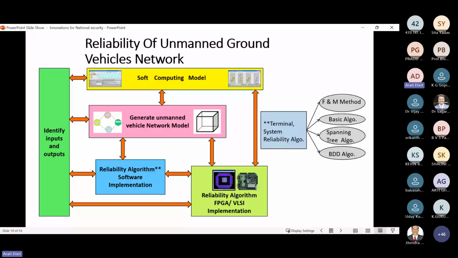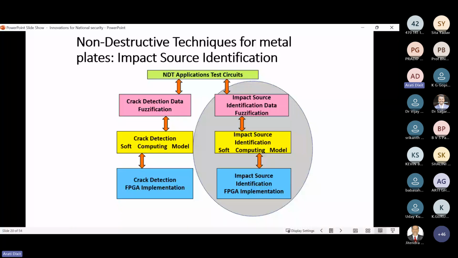Okay. So the other problem that I had an opportunity to work on was the non-destructive techniques for metal plates. This was also associated with the problem that we had defined, that these tanks get hit by something, right?